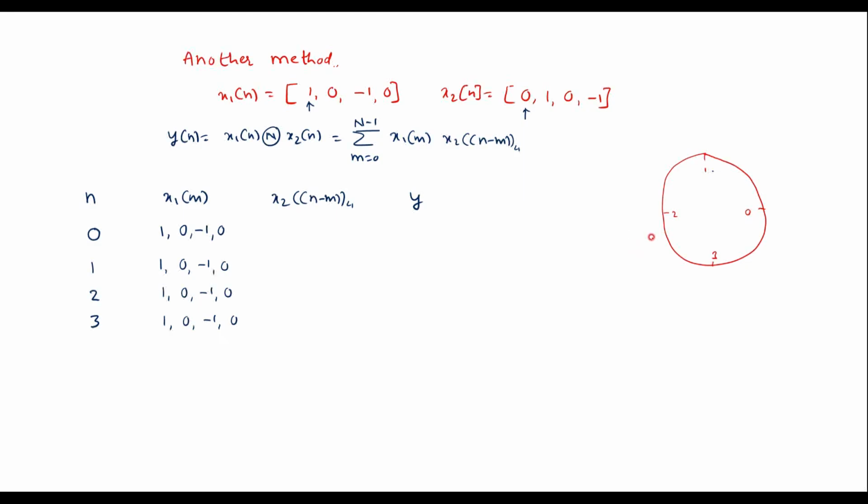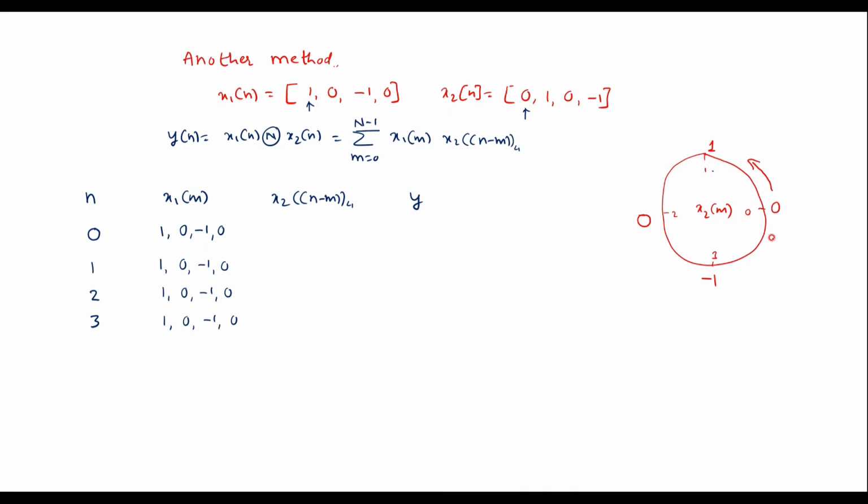If I represent these values in anti-clockwise direction, this is 0, this is 1, this is 0, and this is -1. So this is x2 of m, represented in anti-clockwise direction like this.